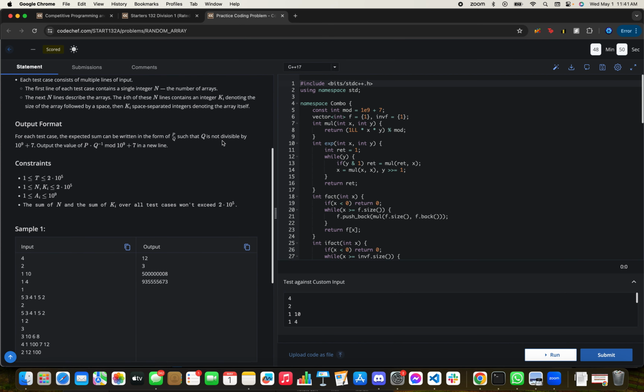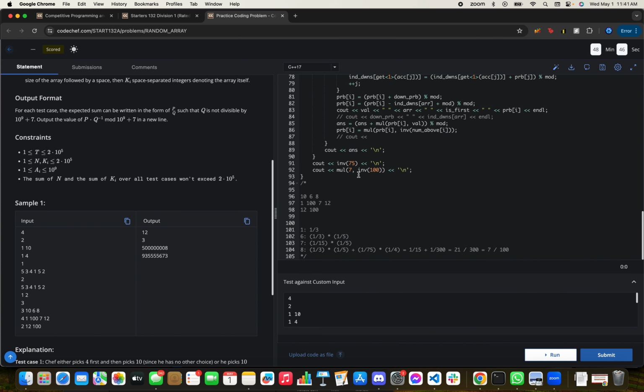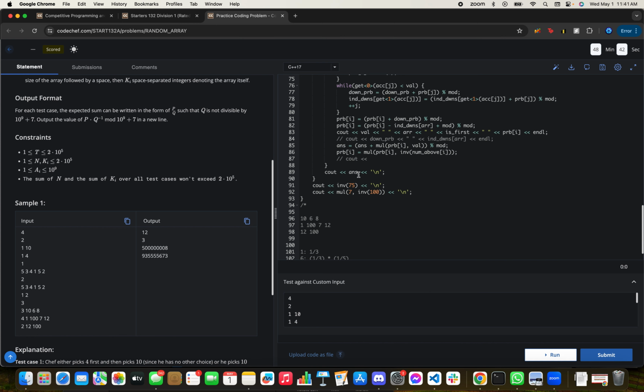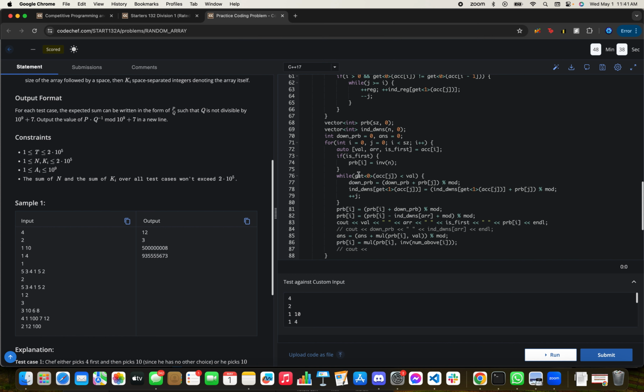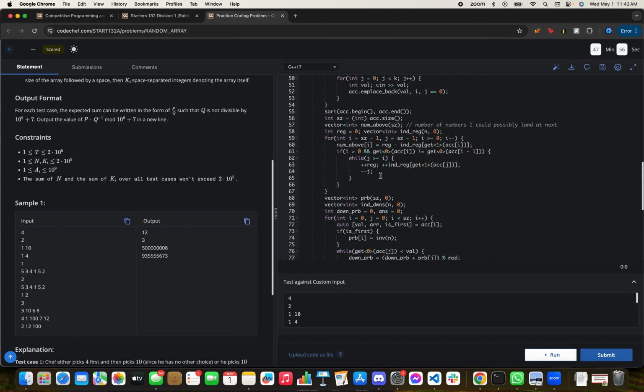Is it possible that they updated the sample? They did not. Is it an index thing?